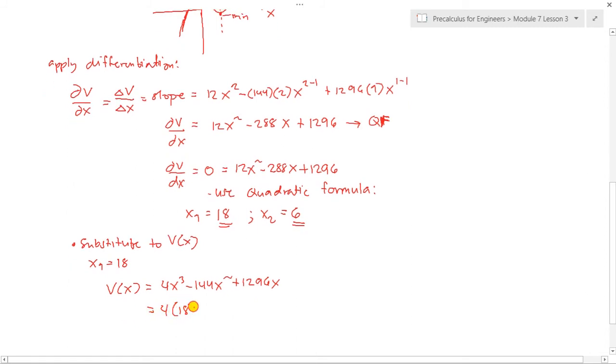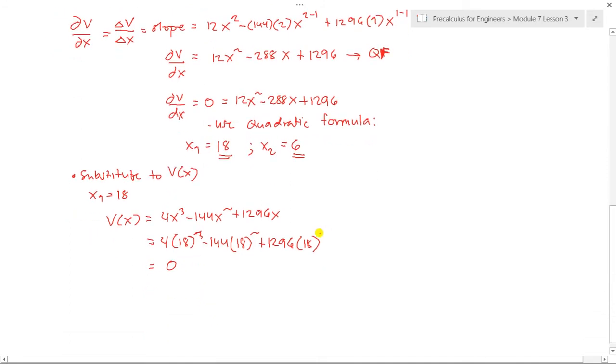Substituting, that is 4 times 18 cubed, minus 144 times 18 squared, plus 1296 times 18. The answer is 0. There is no volume. So let's try x sub 2.